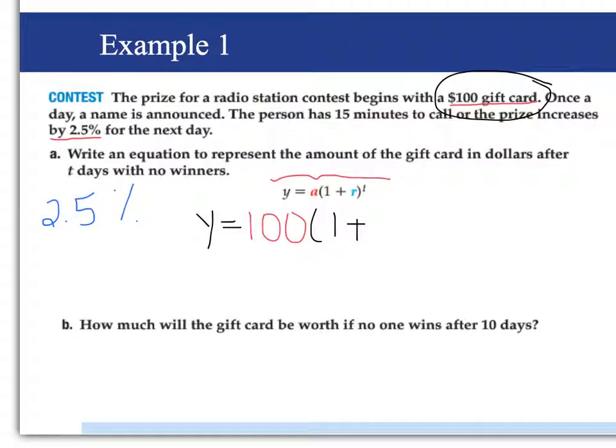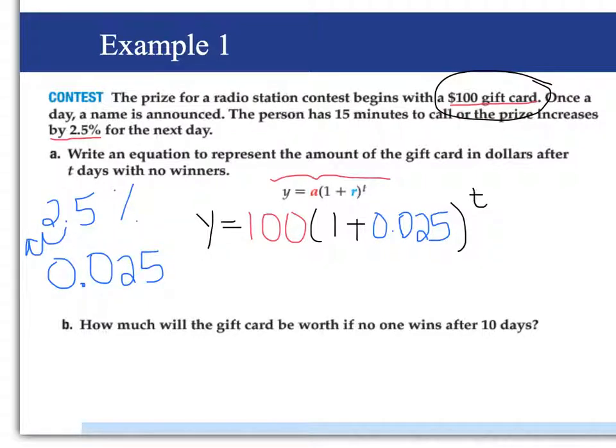But remember, we have to move that decimal 2 places to the left, so it would be 0.025, all raised to the t power. So here we have our equation.